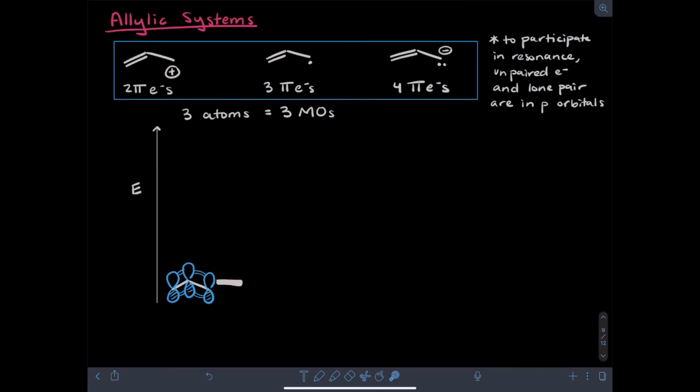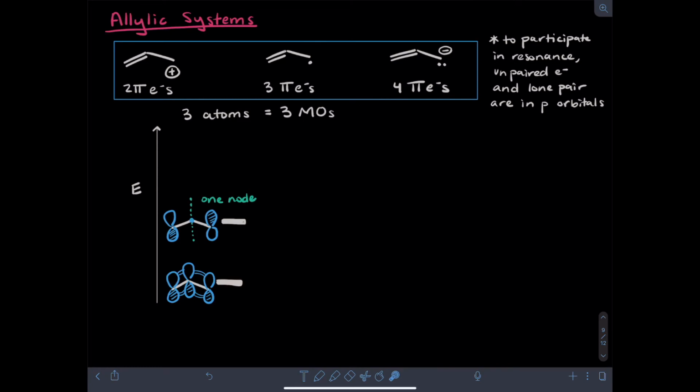As I mentioned previously, as you go higher in energy, you're going to have more nodes through your molecular orbitals. The next highest molecular orbital is going to have 1 node, and it's going to lie through the middle of the molecule. Your nodes are always going to distribute themselves somewhat symmetrically through your molecule.